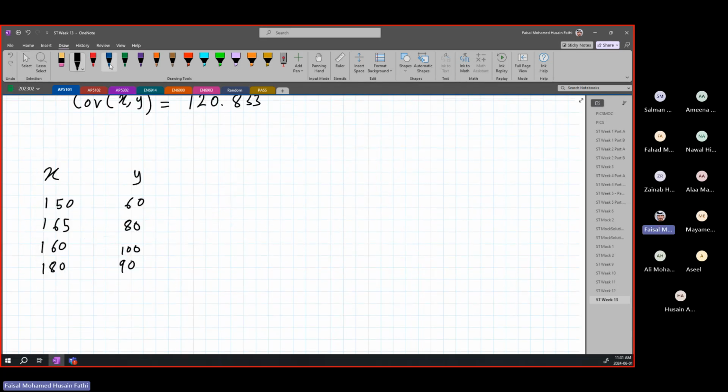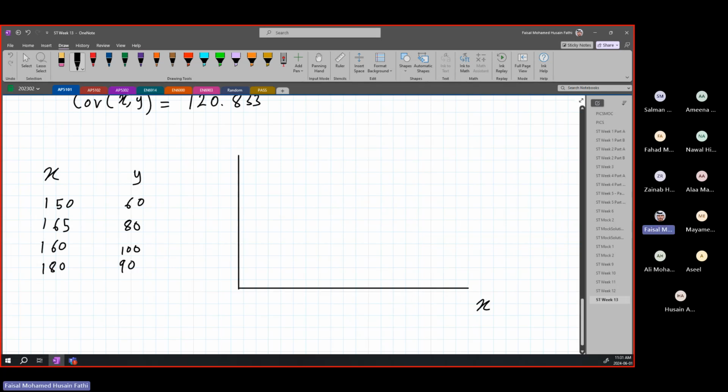So if we have a graph, this is our x values, and this is our y values. The x values, let's say this is 150 over here, 160 is over here, 165 is somewhere here, and then 180 is over here.